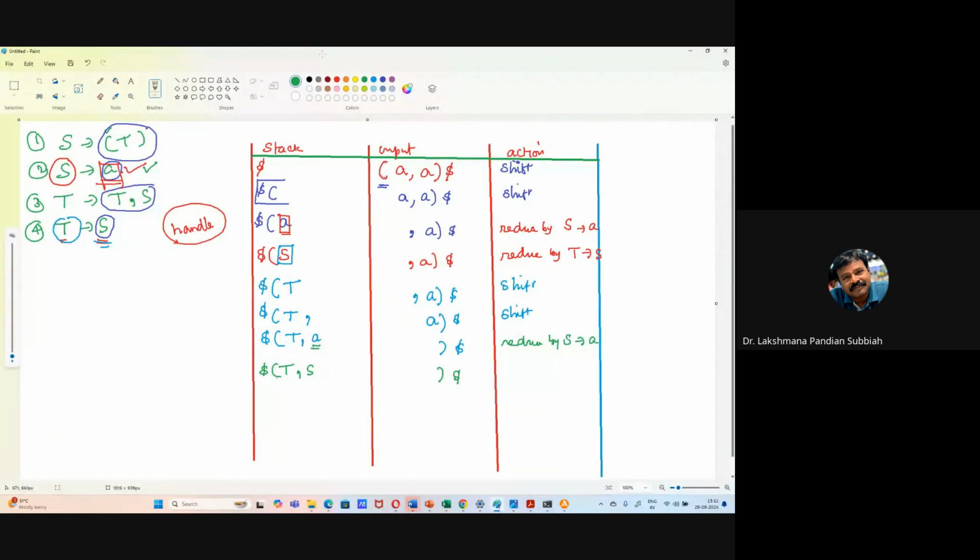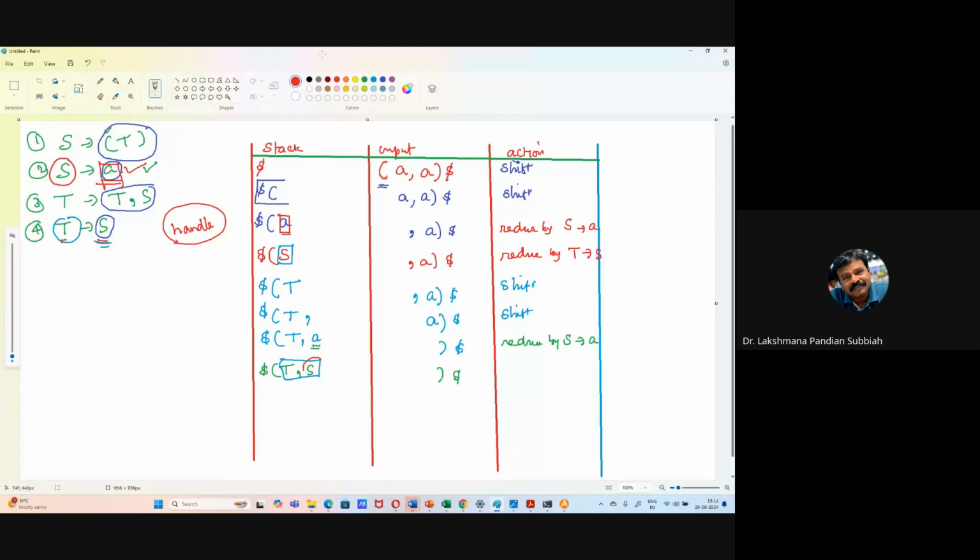Right? Now the T comma S is a substring. The full substring is T comma S because it is matched with, right? So the long substring. Actually, S is matched with the fourth production rule, but the longest substring you have to take. So now here, please note down that one. T derives T comma S. Why you can ask that one as S itself is a substring.